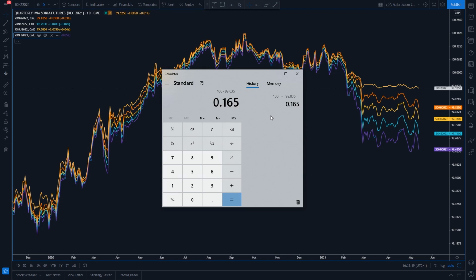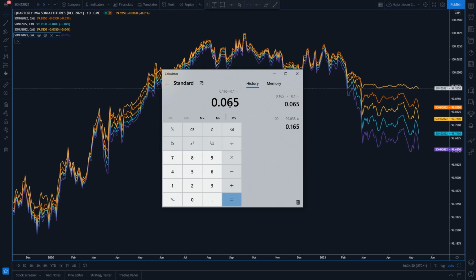Now, we know that the current cash rate for the MPC is 0.1%, right? So if we subtract the current cash rate from that implied rate of 0.165%, we get 6 basis points. That means that for June 2022, the market is currently pricing in 6 basis points worth of hikes for the Bank of England by June 2022.